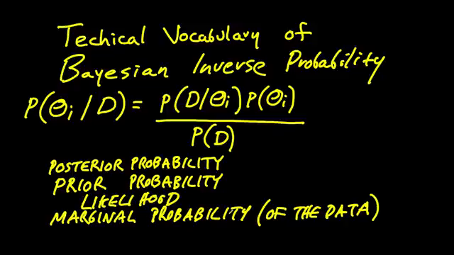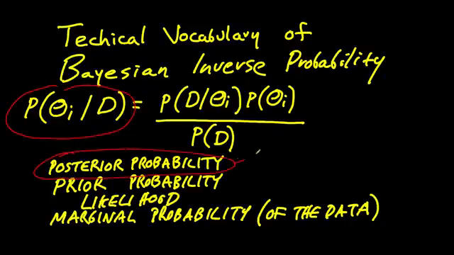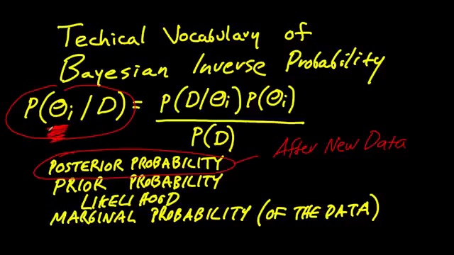Okay? But you can use A's if that seems more familiar and comfortable. The result is the posterior probability. Posterior means after, so this is after new data are observed. It's our best estimate of the probability of which parameter is active, the 0.2 parameter or the 0.1 parameter, after new data.